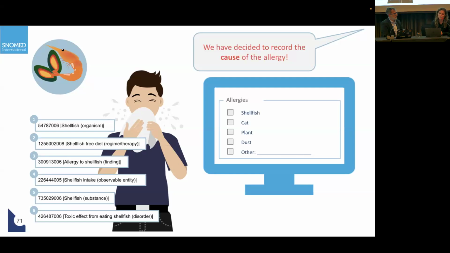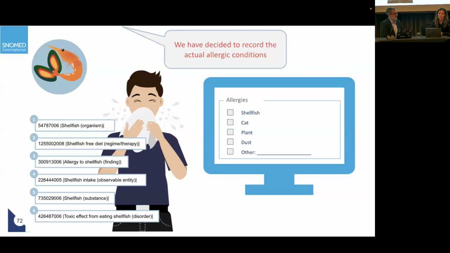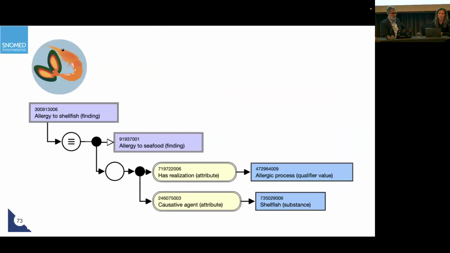We just want to know the thing that you're allergic to. Well, in that case, the substance would be relevant to record. In another model or in another implementation, they may have decided to actually record the condition. And in that case, well, then you would need the allergy to shellfish. So really understand the context of use when you perform the terminology binding.